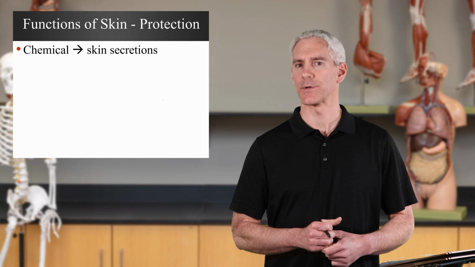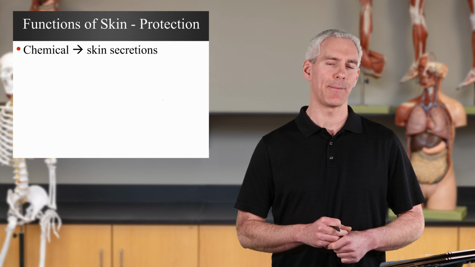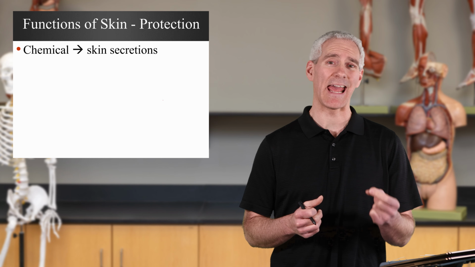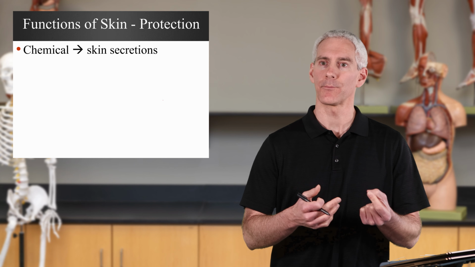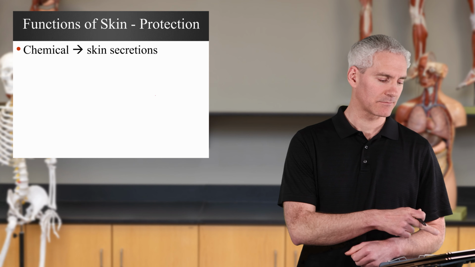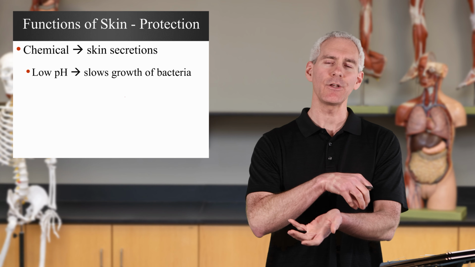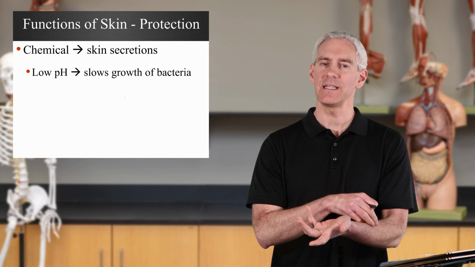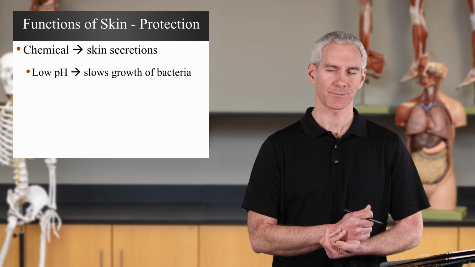All right, second form of protection, chemical protection. In the case of chemical protection, your skin actually has many different chemicals that are going to help out protecting your body underneath. Let's start with the low pH of your skin. On your skin surface, the pH is actually a little lower than it would be at the neutral point.